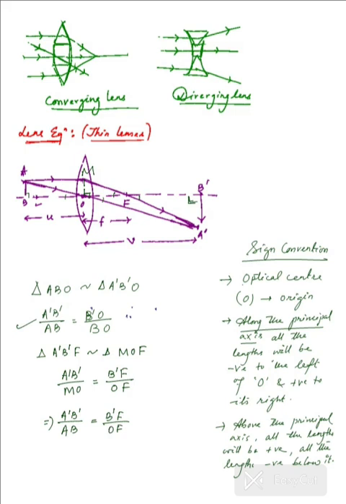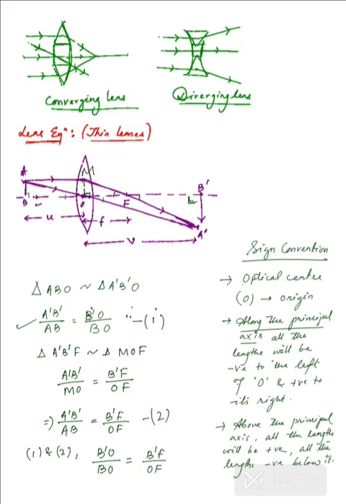So we can take this as the first equation, and this as the second equation. If you compare the first and second equation, the right hand sides will have to be equal, provided the left hand sides are equal. So with the left hand sides being equal, you have B dash O over BO equal to B dash F over OF.